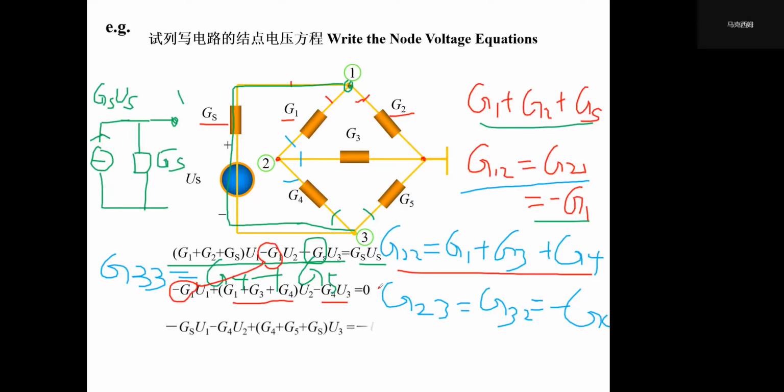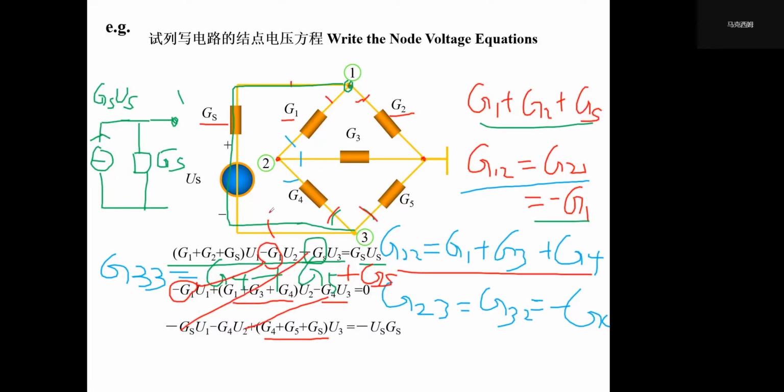Similarly, we can write this for node 3. Its self-conductance also includes the green one, so it is G4 plus G5 plus GS, right? We take G13 directly to here, and we can take G23 to represent G32, since it's symmetrical.